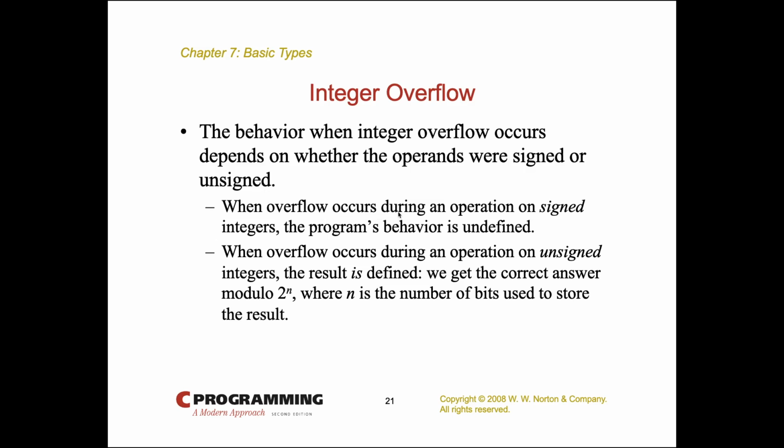When overflow occurs during an operation on signed integers, the program's behavior is undefined, but in the unsigned case, the result is defined. We get the correct answer modulo 2 to the power of n, where n is the number of bits used to store the result.